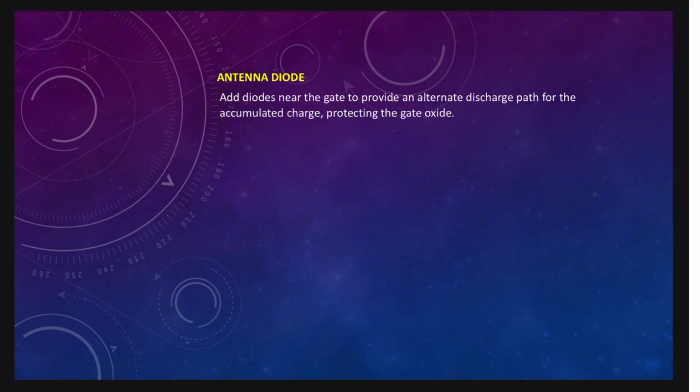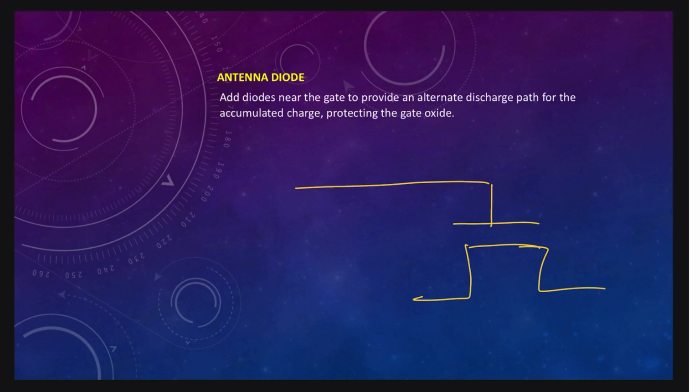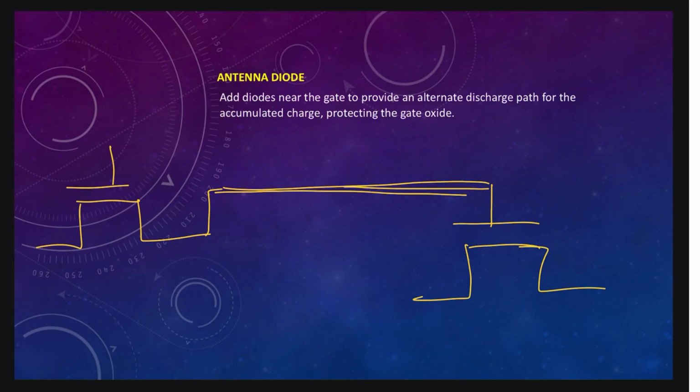Let's assume this is the gate and this is the drain. If we cannot jump towards the top side and we cannot place the devices near to each other, we should put an antenna diode in this location, and that diode should always be reverse biased. That is a very important thing.